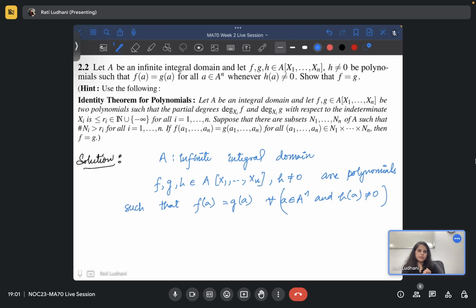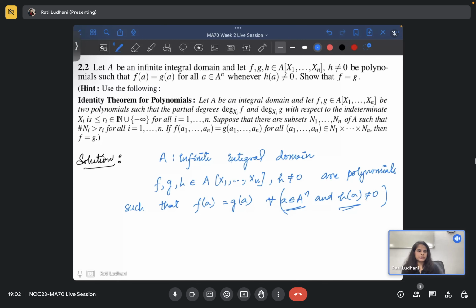So what has been asked, what is given? There are three polynomials f, g and h in the polynomial ring A[x1 to xn], where h is not equal to 0, so this is not a zero polynomial, and these f and g are such that f of a is equal to g of a for all a belonging to A^n wherever h of a is not equal to 0.